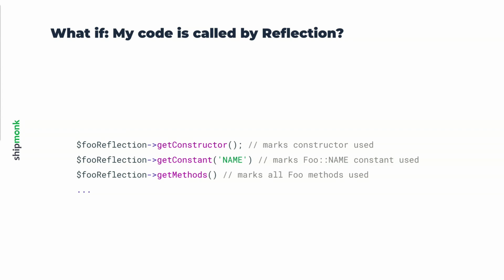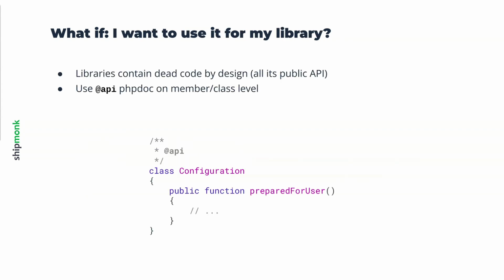So the first one marks the constructor, the second one marks the name constant, and so this is fine too. And for those who do open source, you are probably thinking, okay, but I'm doing open source, which is a library, not a typical application of some company, but I'm building code for others. So there are some surface layer APIs that are being used by others, and this is by definition used, because it's prepared for usage.